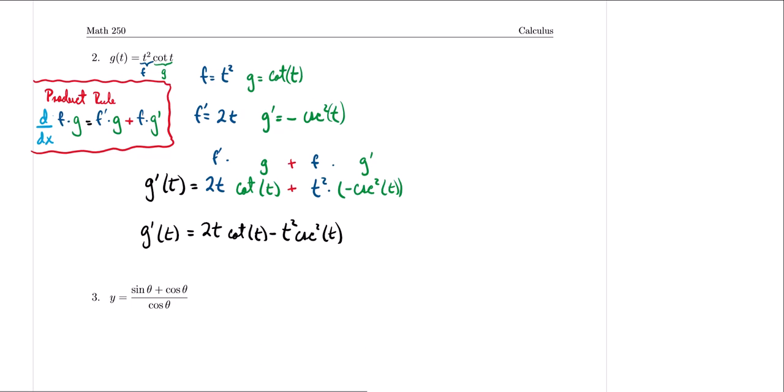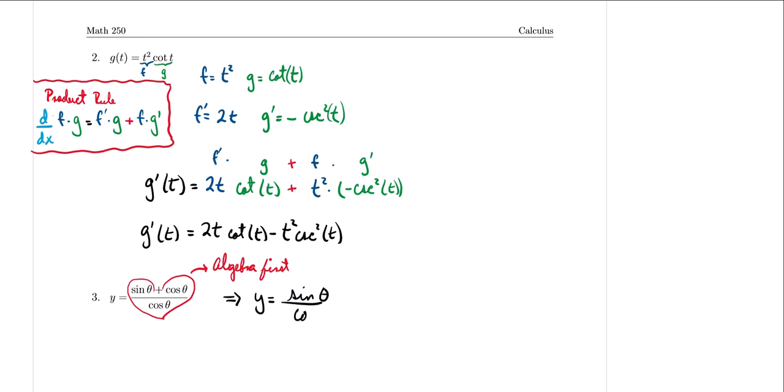So what I noticed for this one is that I have two terms in the numerator, but only one term in the denominator. So rather than finding the derivative first, I'm going to see if I can simplify by dividing both terms in my numerator by my denominator, the cosine of theta. So using algebra first, I get y equals the sine of theta over the cosine of theta, plus the cosine of theta over the cosine of theta.